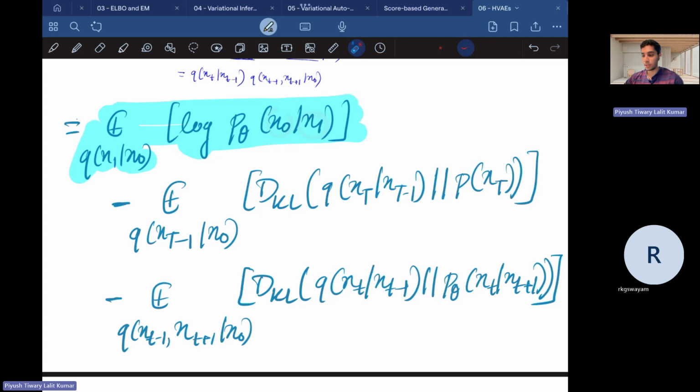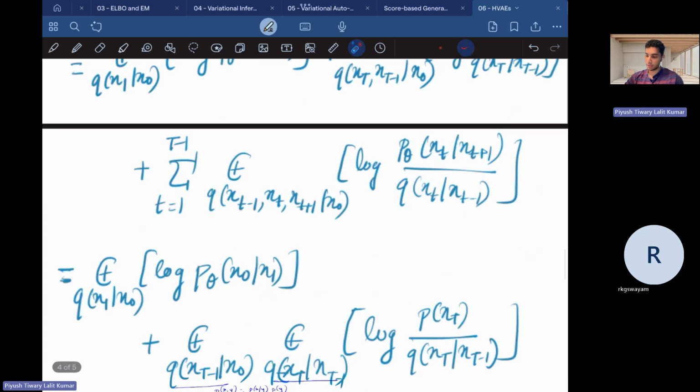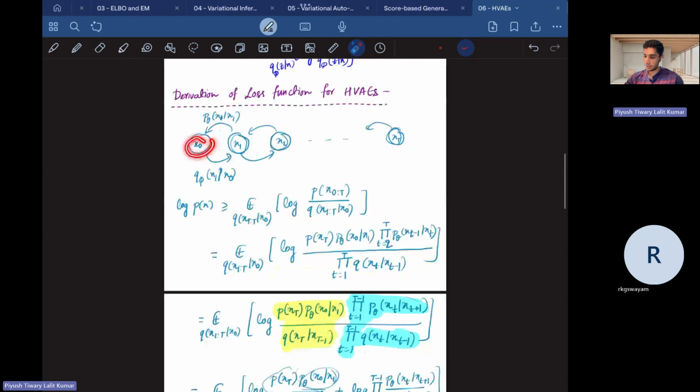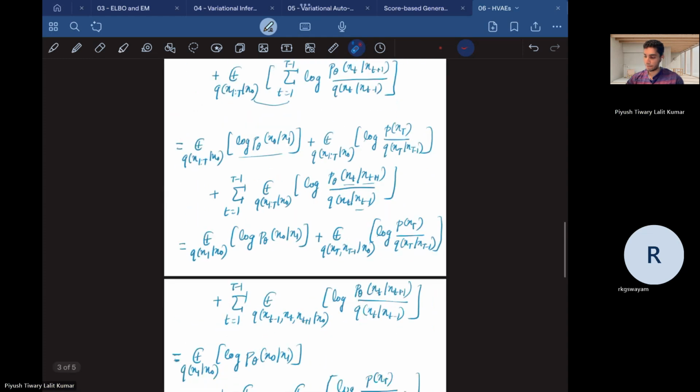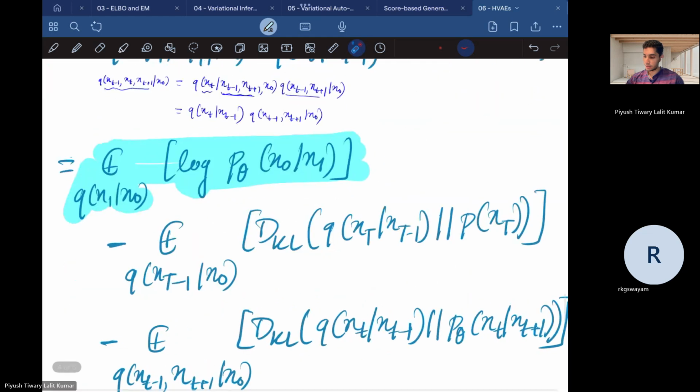So it's similar to VAE, where you want to reconstruct x_0 starting from x_0, but you have an intermediate latent, which is x_1, the first latent that you had. So it's like the reconstruction term in the VAE. So this is the reconstruction term.